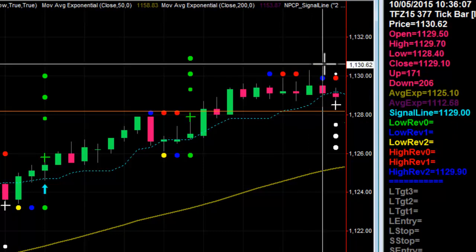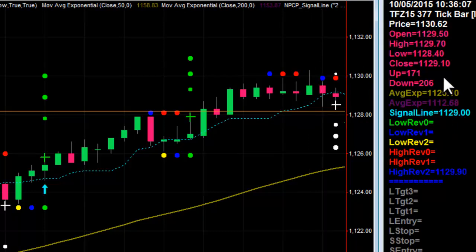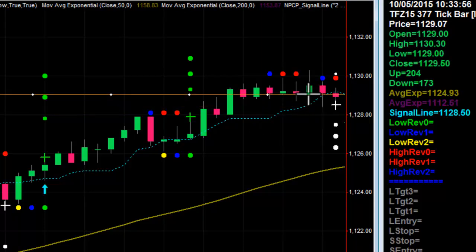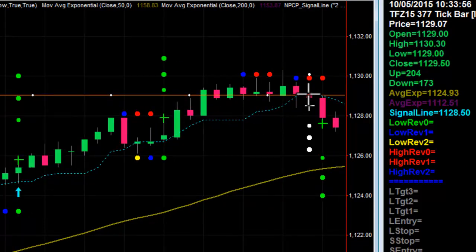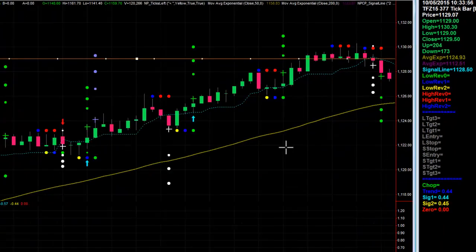And then it stabs down to 1128.4. So you literally stay in the trade, but then the signal line moves up to 1129, and you move your stop up to 1128.8. And that's where it gets out, 1128.8. And it's a beautiful trade. You're literally positive on the session, and you have power of quitting.